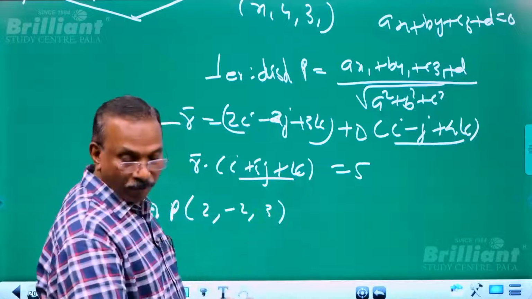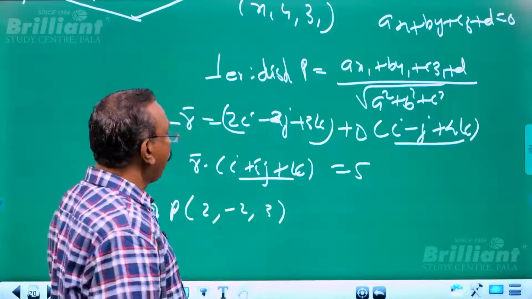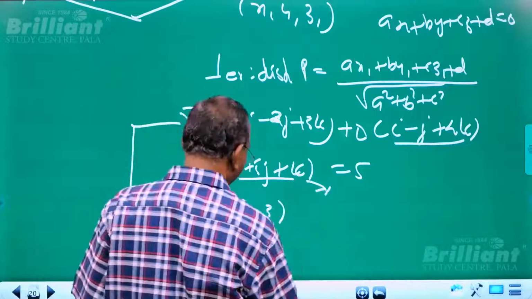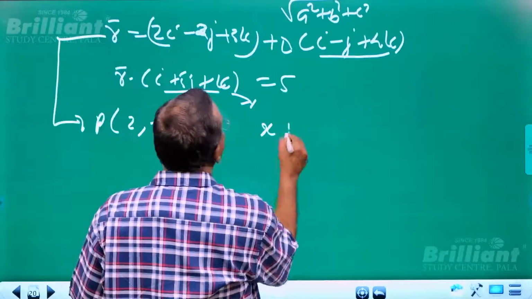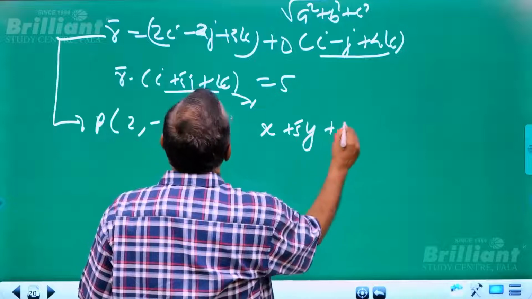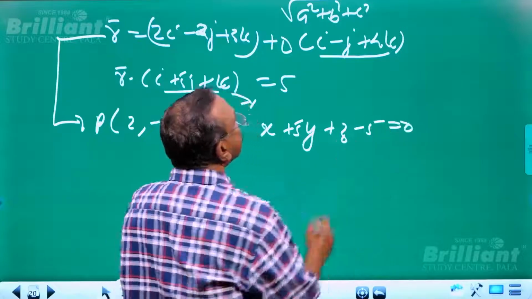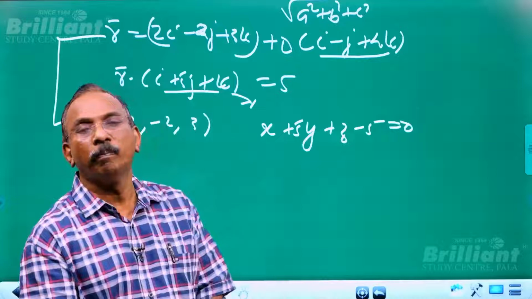The equation of the plane can be expanded by taking the dot product with r bar. You get x + 5y + z − 5 = 0. So this is in good form, and you are able to apply it directly.